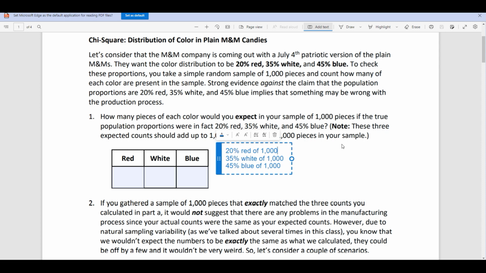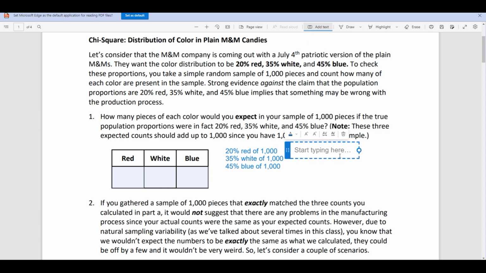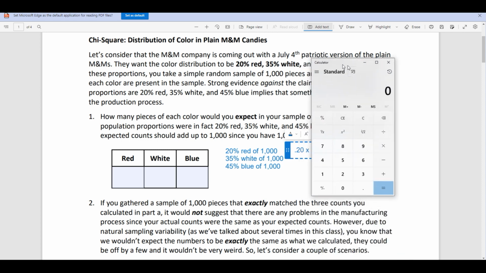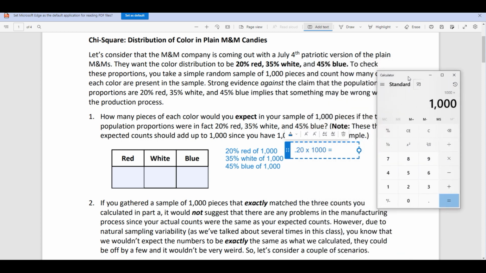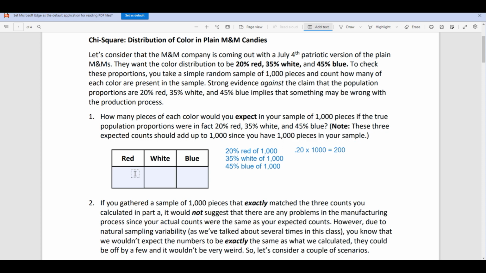So to do this, we are going to actually calculate it as 0.20 times 1,000. And we can even pull up a calculator. 1,000 times 0.2, and we get 200. So we would expect in a sample of 1,000 candies, if 20% of them are red, then we would expect 200 to be red.